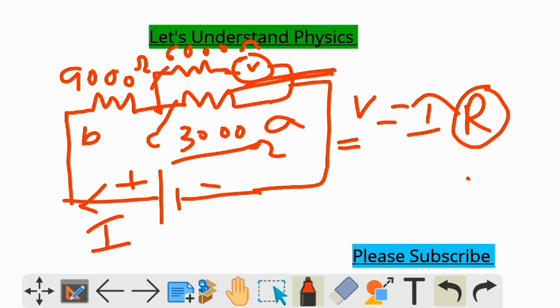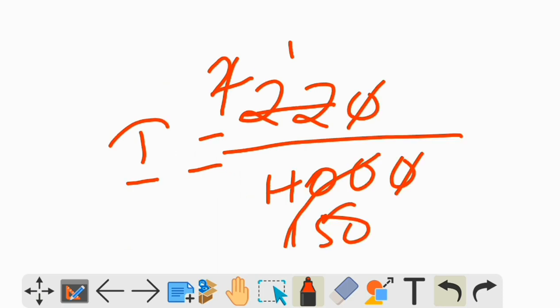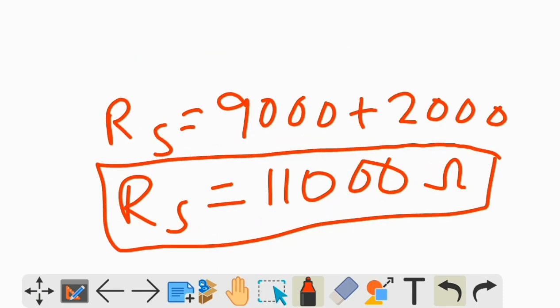So what we will do? What is the effective resistance we got from 6000 ohm and 3000 ohm? When you do this, you got some resistance, isn't it? For that only we have added 9000, which is 2000 we got. Understood?